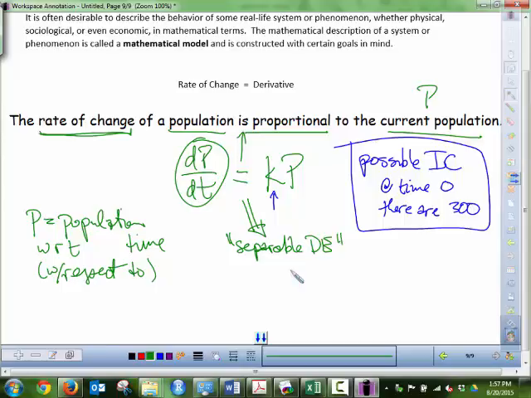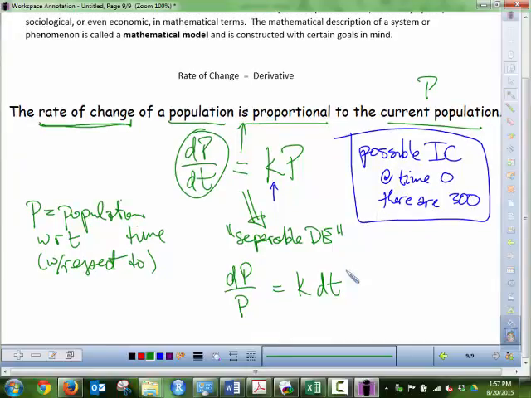So what we're going to do is separate the dp and dt. So I'm going to bring this p on the right-hand side, divide by p on both sides. And I'm going to take the dt on the left-hand side and multiply by dt on both sides. Yeah, and then we're going to integrate both sides.